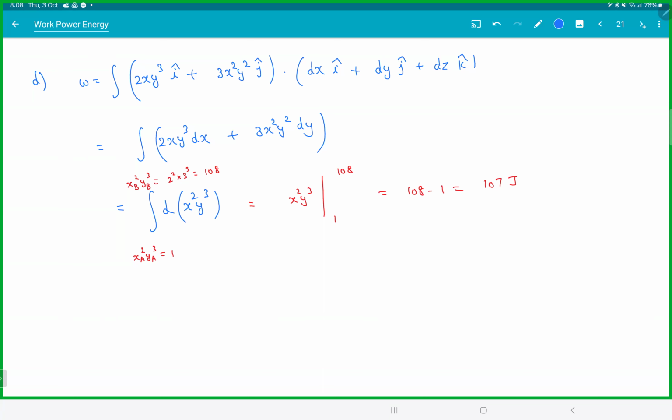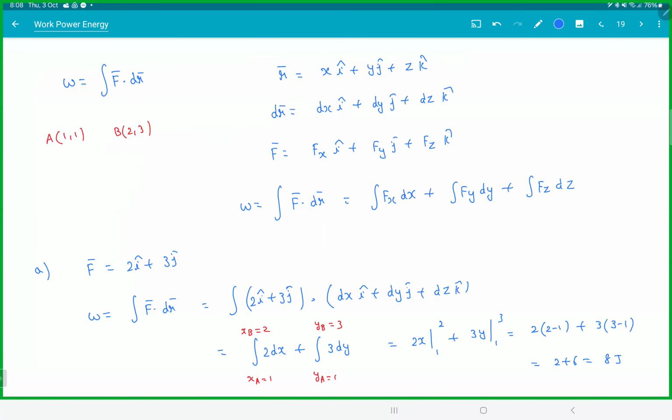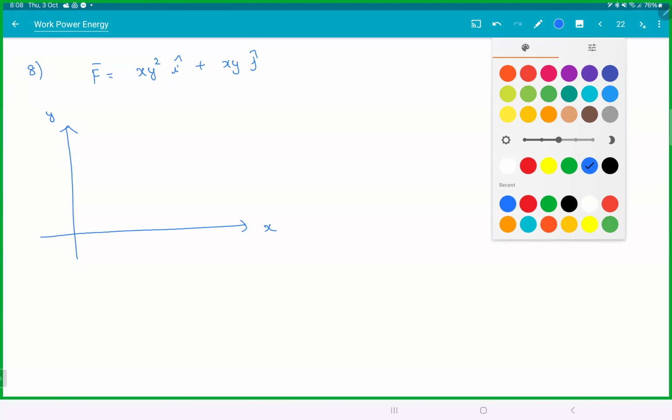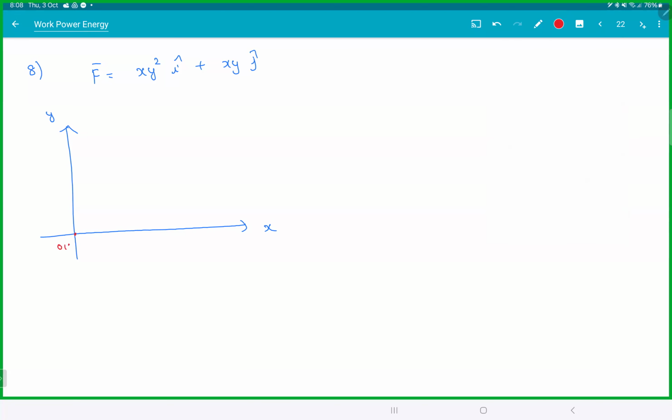Next one. Now let's say it is not a perfect differential. F is equal to xy square i cap plus xy j cap. This is not a perfect differential. This is x, this is y, this is 0, 0. This is A, which is a, 0.